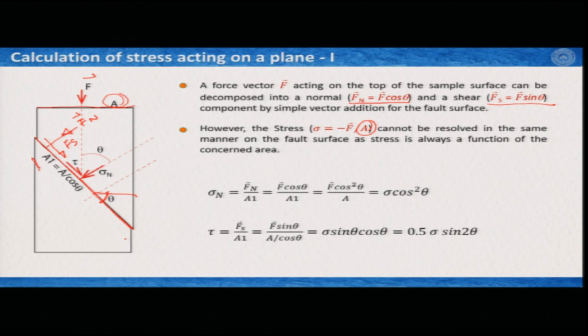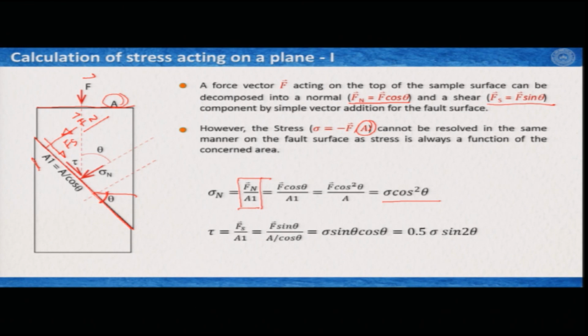So therefore, to calculate the normal stress, clearly we have the Fn and we have the A1. That would be your normal stress working on the surface, and if you resolve it through some algebraic manipulations, you would get sigma cos square theta, where sigma is the peak stress that we got, which was 32 megapascal.